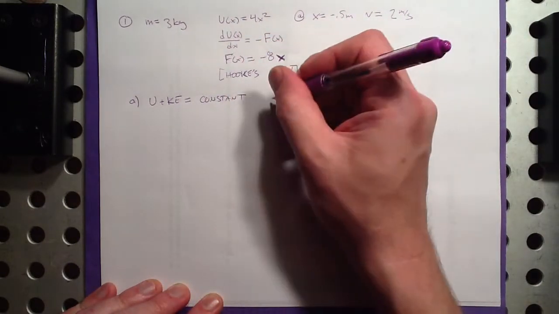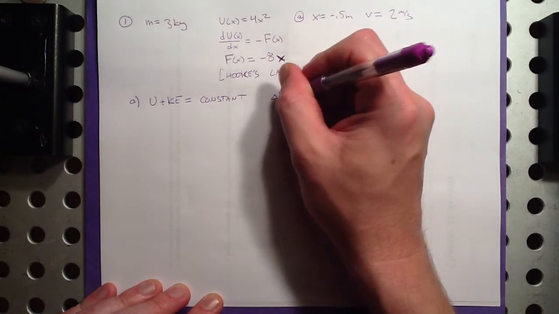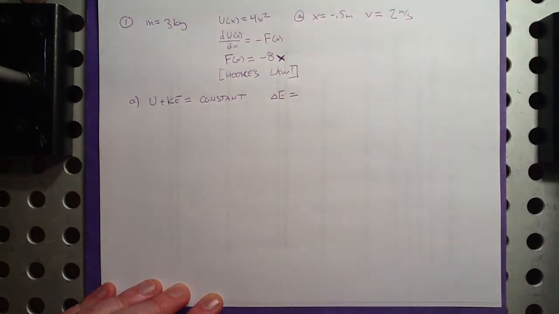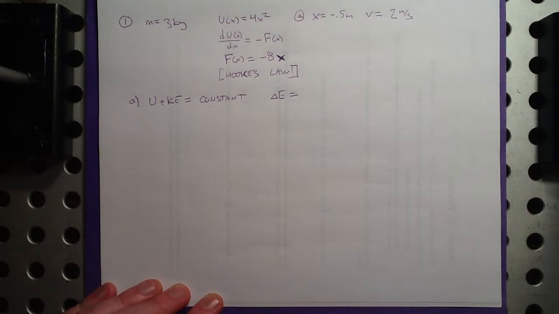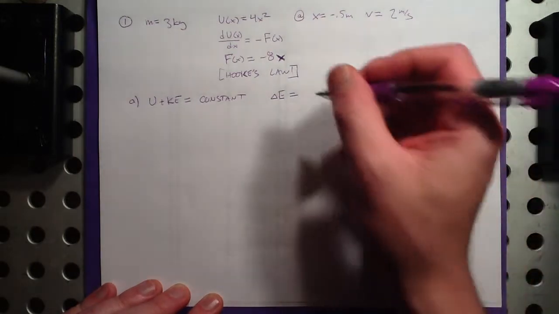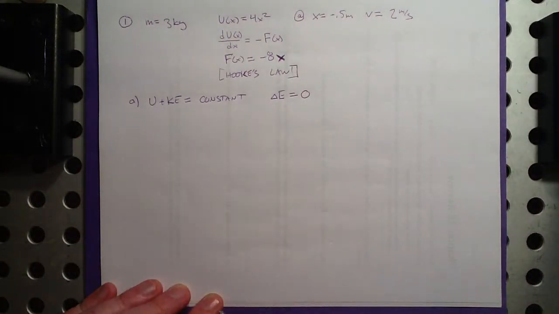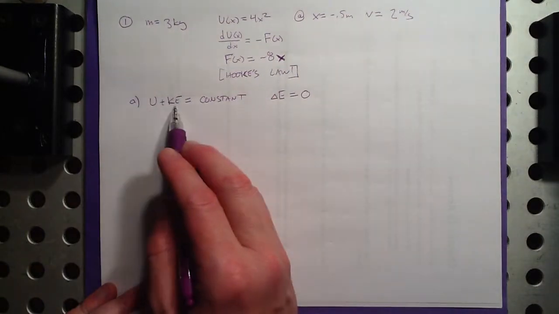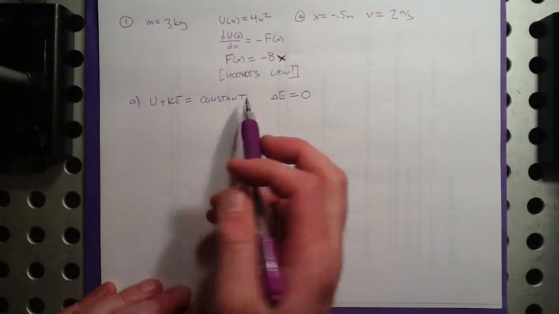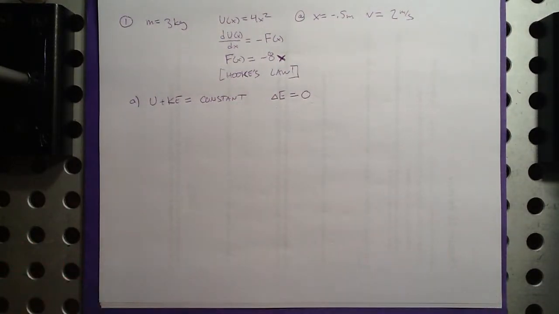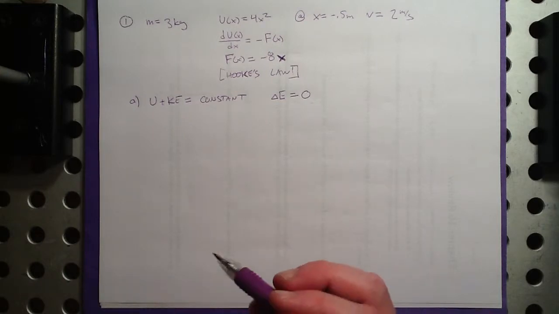Or you could also write that as the change in energy is, what's the change in energy? Think about that for a second. 0. It doesn't change, right? It's constant. So if we can figure that out at any particular point, well, since it's constant and it never changes, then that's the same as it is everywhere.